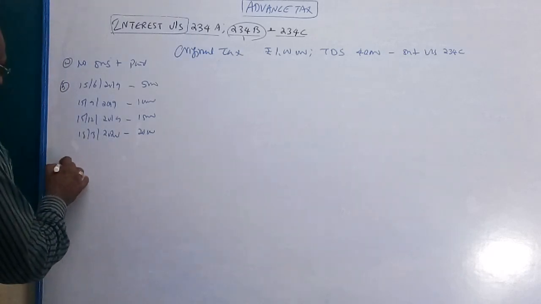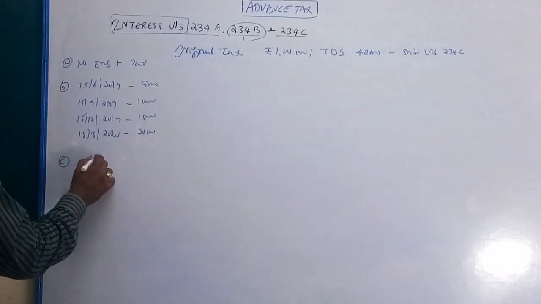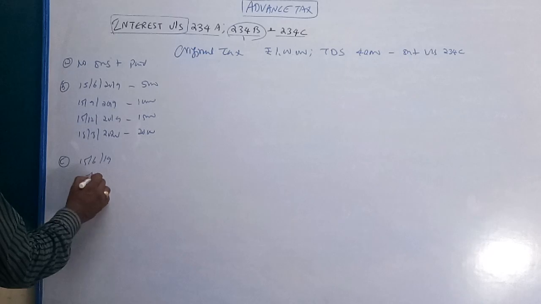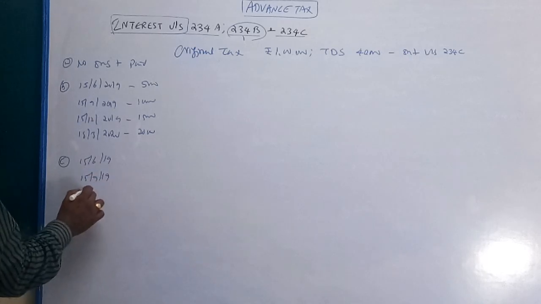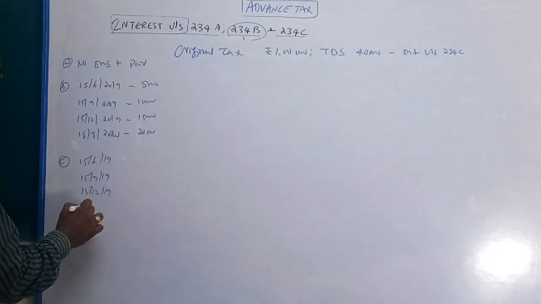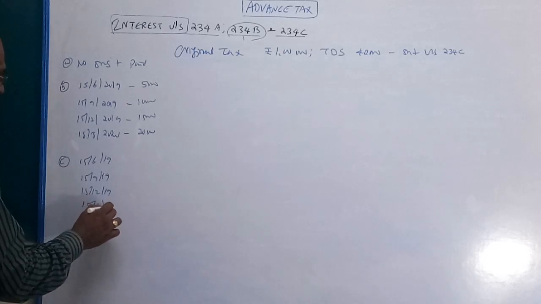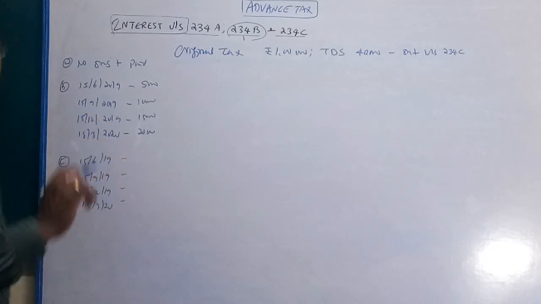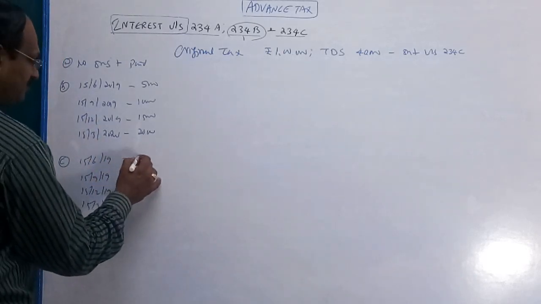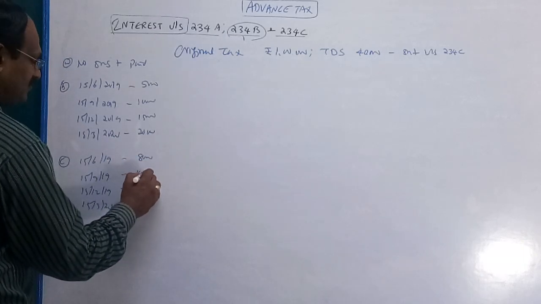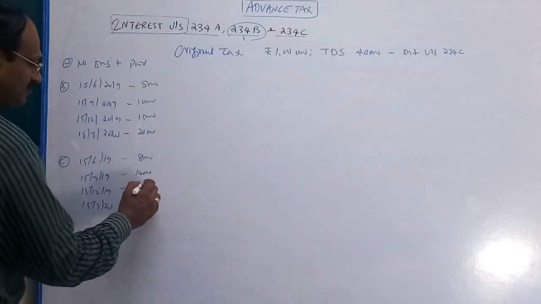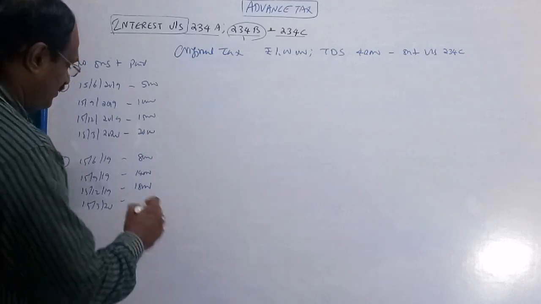Third case: 15/6/19, 15/9/19, 15/12/19, 15/3/2020: 8,000, 14,000, 18,000, 14,000.